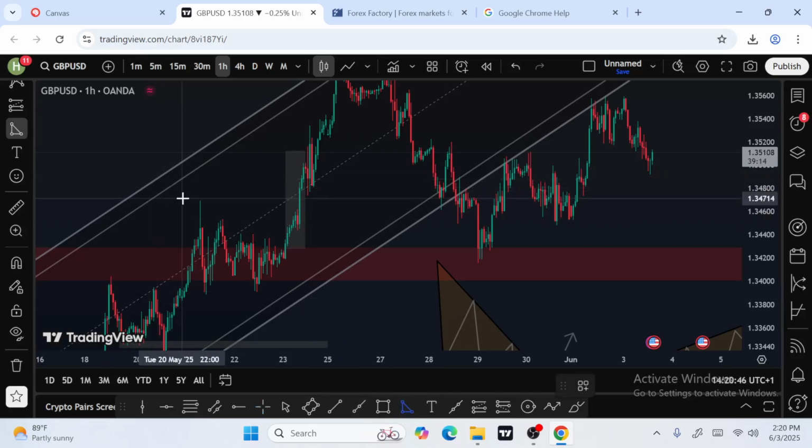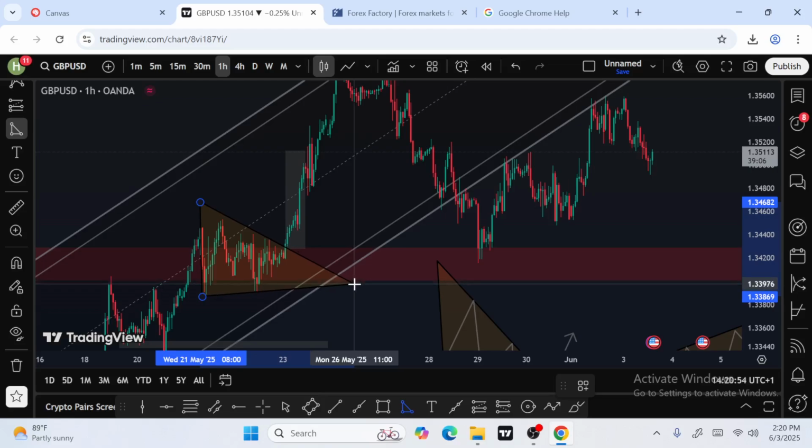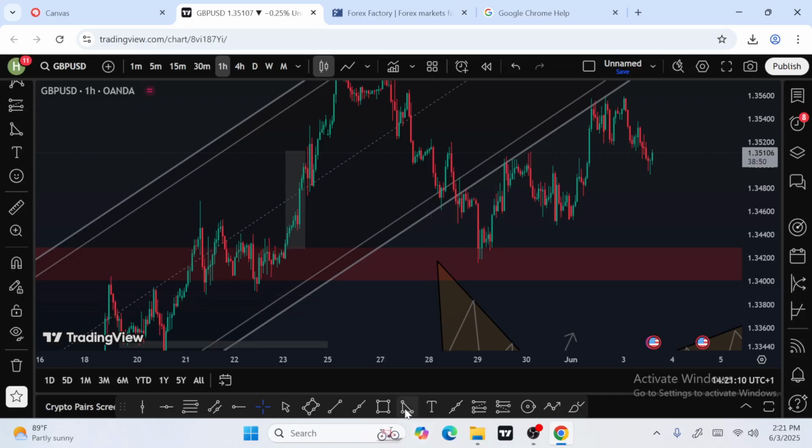Take your symmetrical triangle, or take your triangle and do it in the shape of a symmetry. Now you take your triangle, do you see it? From the upper part to the lower part, and you bring it out.